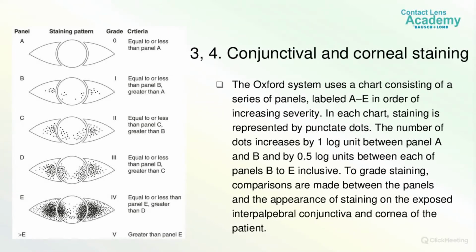The number of dots increases by 1 log unit between panel A and B, and by 0.5 units between each of the panels from B to E inclusive. To grade staining, comparisons are made between the panels and the appearance of staining on the exposed interpalpebral conjunctiva and cornea of the patient.